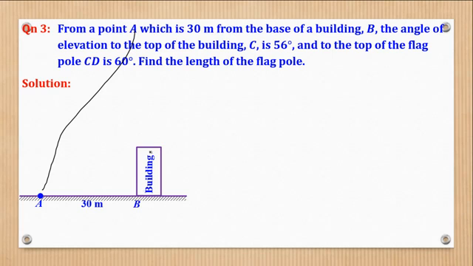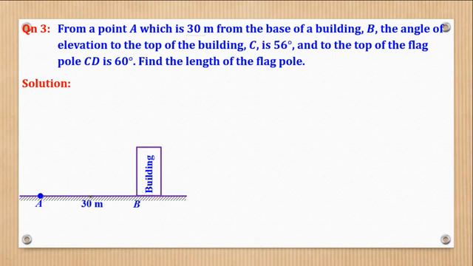Just draw a rectangle and label it building. That's what they want. They told us 30 meters from the base. So this is the base of the building, so this point A will be 30 meters from the base of the building. That's why you see here the measurement of 30.